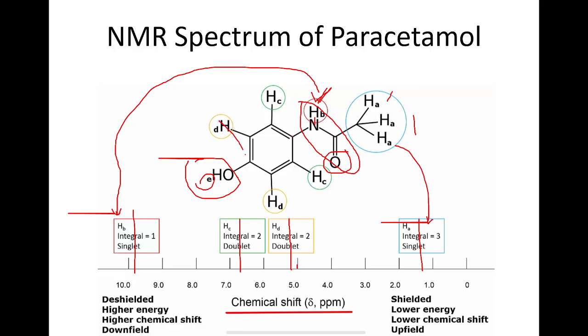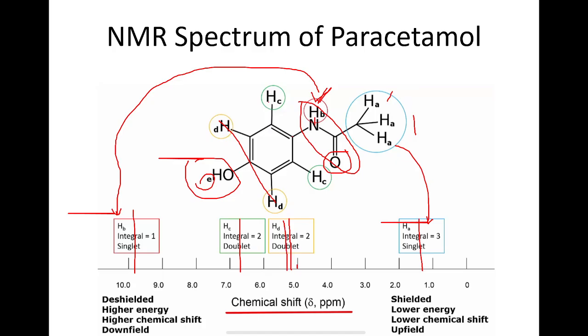The D ones are two hydrogens, but they are equivalent. This one is next to that hydrogen, and this one is next to that hydrogen. So basically, what we get is a doublet for that one.